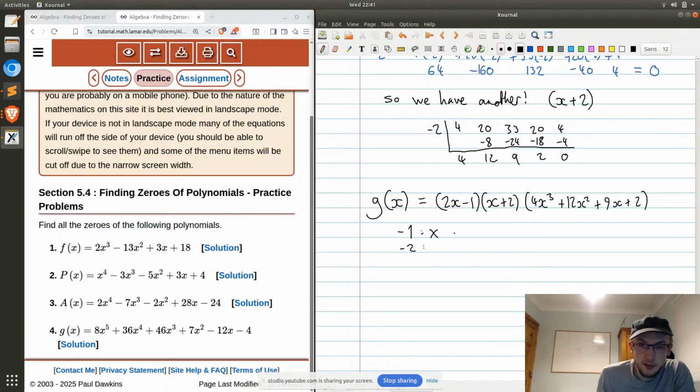You have to write things down. And what do I get? -32 plus 48, which is 16. 16 minus 18 is -2, and -2 plus 2 is 0. So we have another root. This is awesome.